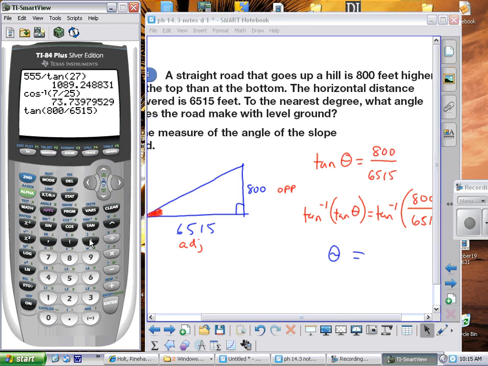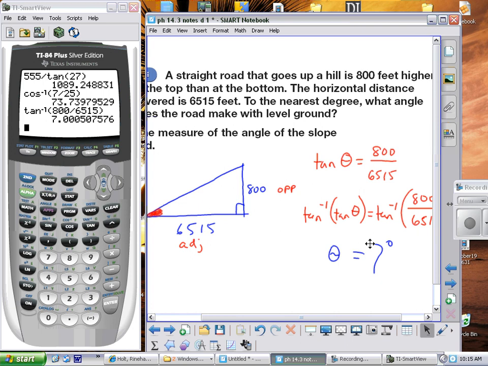Okay, second tangent, 800 divided by 6515. Basically you're saying, hey, if the tangent ratio is 800 over 6515, what's the angle? That's why the inverse is there. Right at 7 degrees.